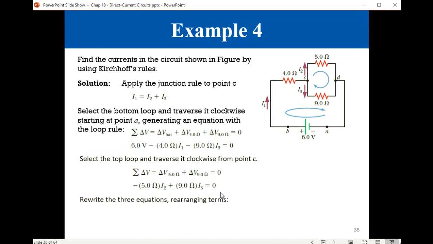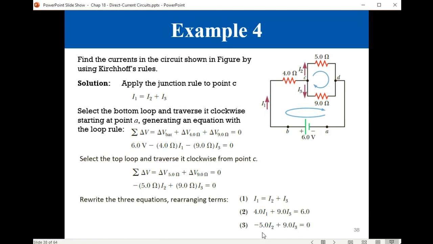Now we have 3 equations, 1, 2, 3, and we have 3 unknowns, I1, I2, and I3. We need to apply algebra to solve these 3 equations for the 3 unknowns. This is the first equation, I1 equals I2 plus I3. This is the second equation, 4I1 plus 9I3 equals 6.